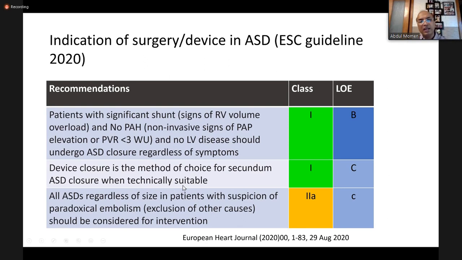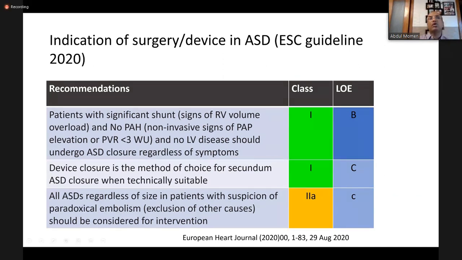All ASDs, regardless of size, in patients with suspicion of paradoxical embolization, with exclusion of other causes, should be considered for intervention. This is class 2A. Small ASD, not hemodynamically significant, QP/QS not more than 1.5:1, but there is a suspicion of paradoxical embolization. This is also true for PFO.